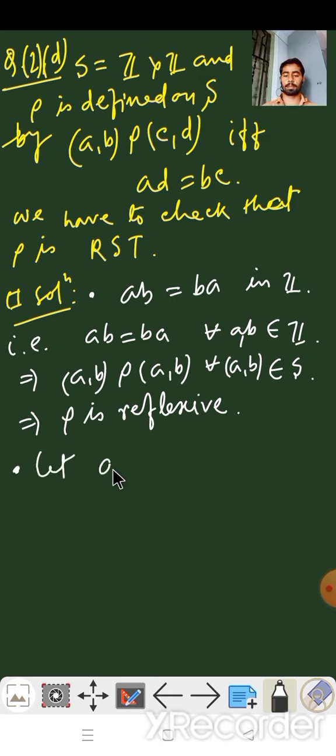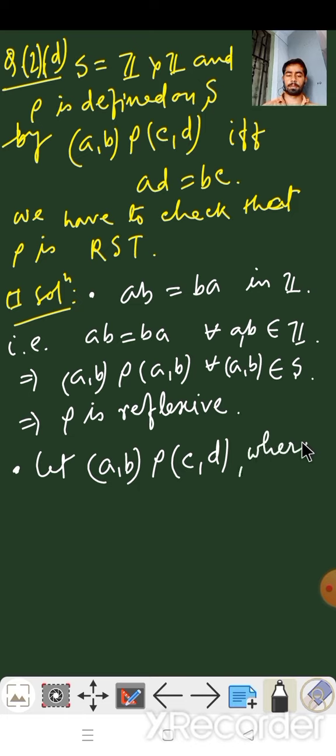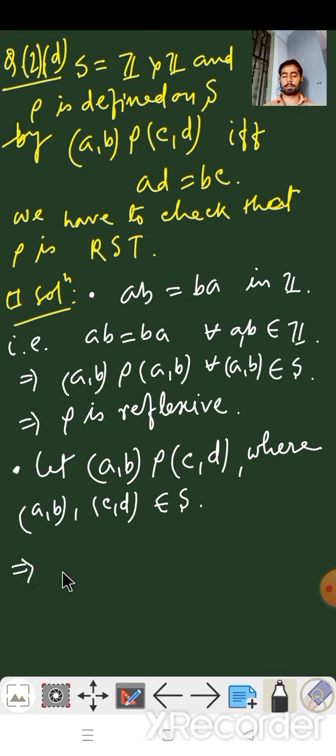Let the ordered pair AB be related to the ordered pair CD, where the ordered pair AB belongs to S. By the definition of relation rho, we have AD equals BC.